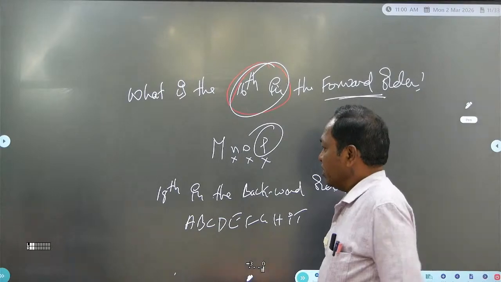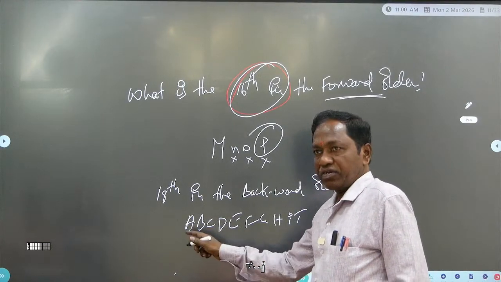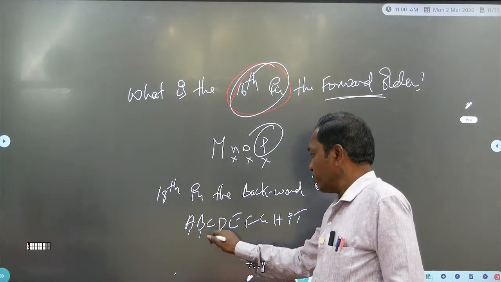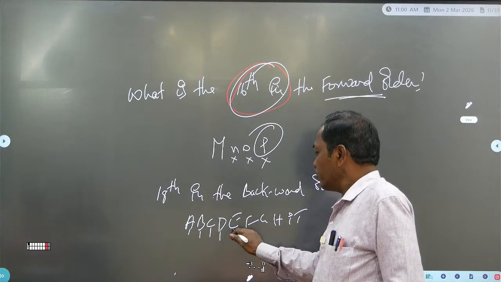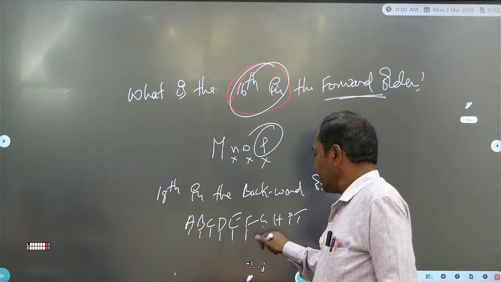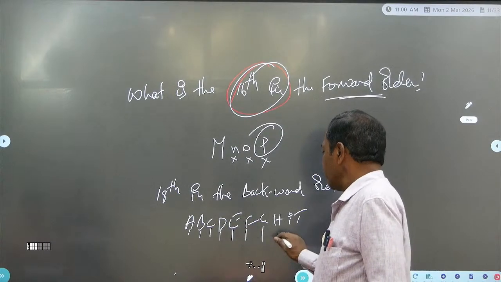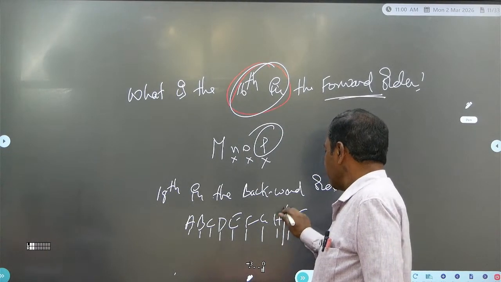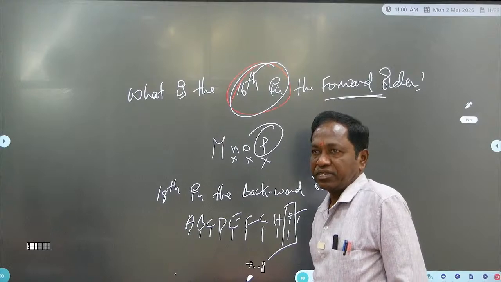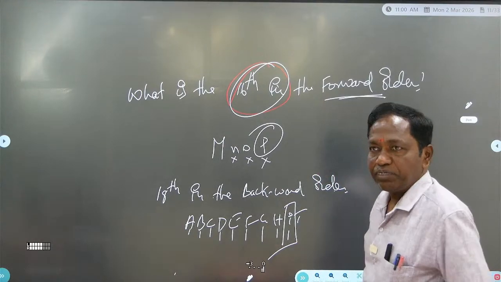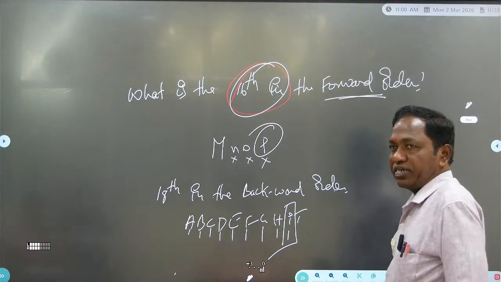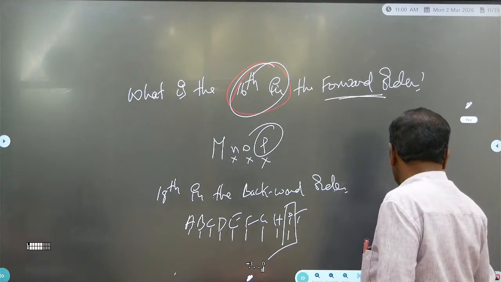Don't write reverse. This is the 26 reverse order: 26, 25, 24, 23, 22, 21, 20, 19, 18th. I can be taken. It's like that. This is very simple. But don't write the entire ABCD, that consumes more time and space.